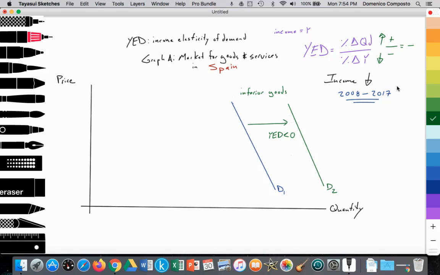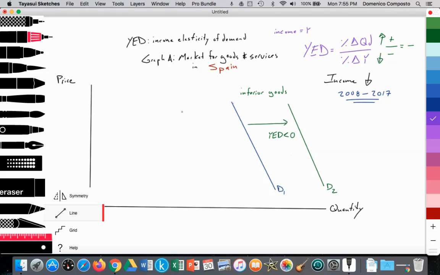As incomes continue to fall, what happens to demand for normal goods that are necessities? Well, it's decreasing from D1 to, let's say, D2 or D3. So demand for normal goods that are necessities has decreased because instead people are switching over to the inferior goods to cover their necessities.